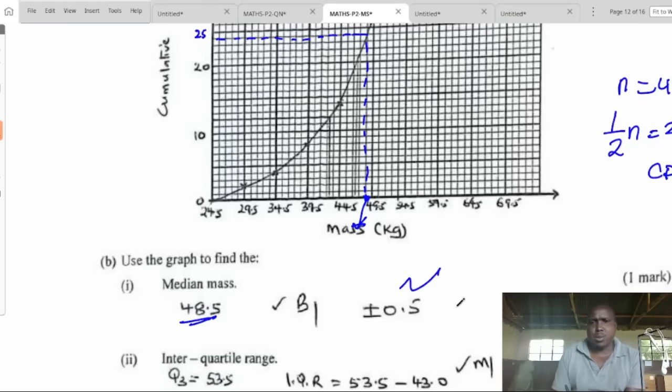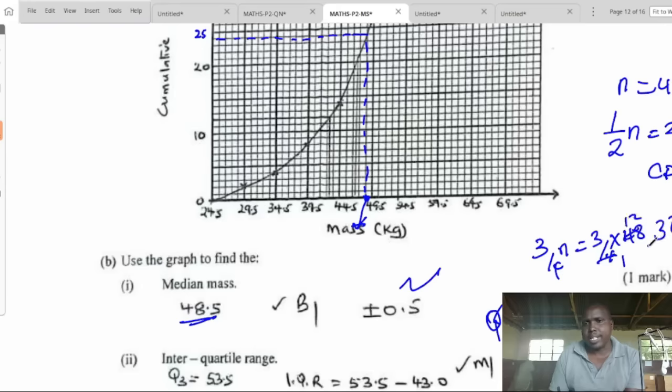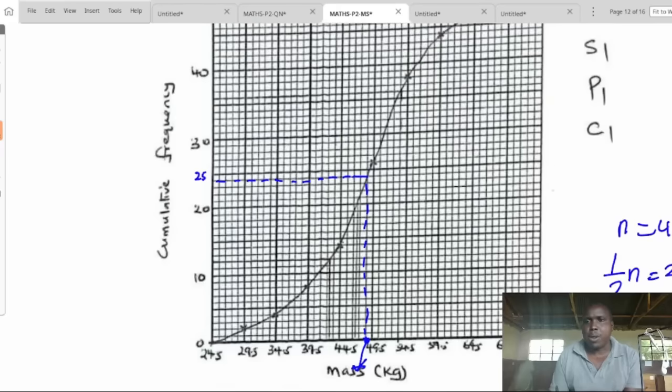Interquartile range is equal to upper quartile, that is Q3, minus the lower quartile, Q1. So how do you get that? Q3, the upper quartile, is 3 over 4n. So that is 3 over 4 times 48. So that one is 1 here, this is 12. So it becomes 36. So the upper one is 36. So you go to the CF where 36 is.